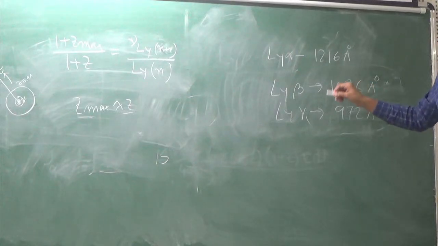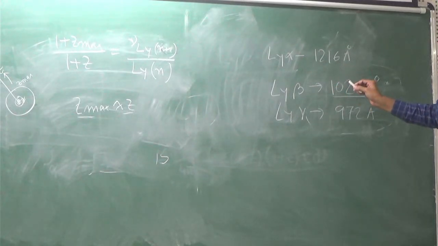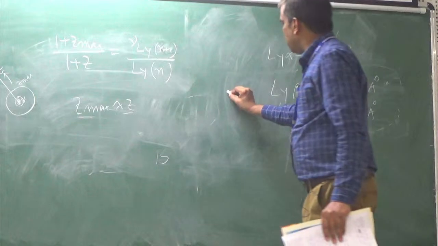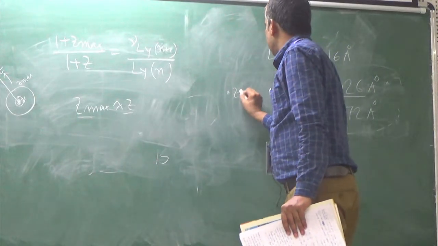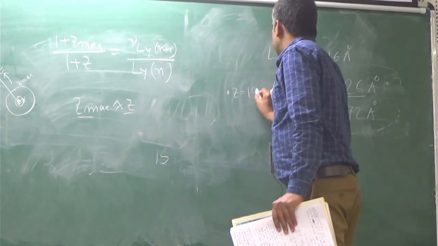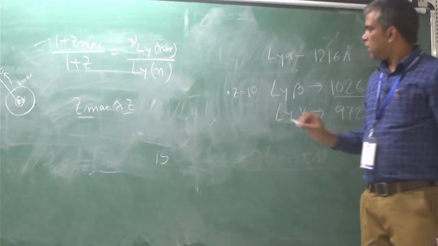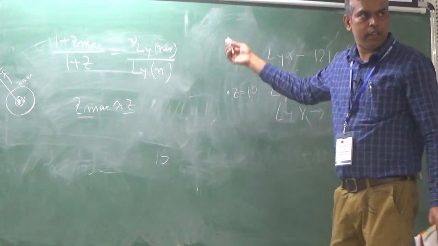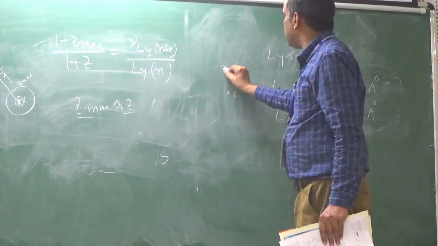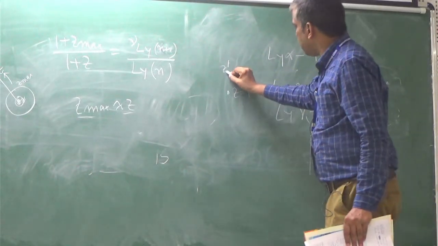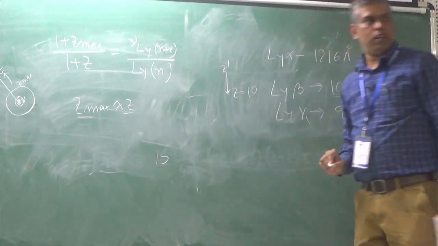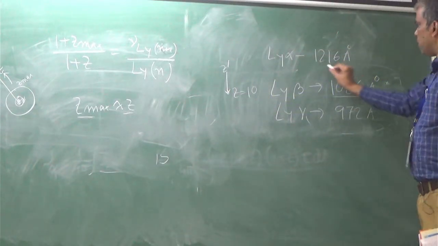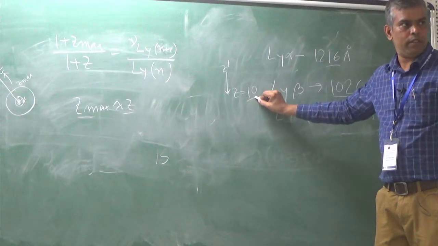It will be redshifted. Let's say I'm at redshift 10, and a photon is coming from redshift higher than 10, let's say some z prime. Those photons will be redshifted and will become exactly Lyman alpha.